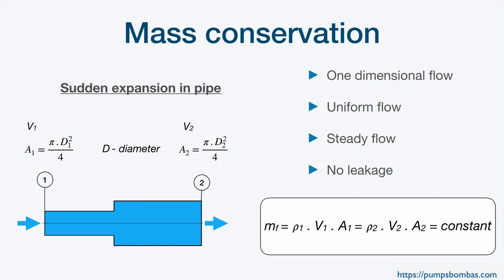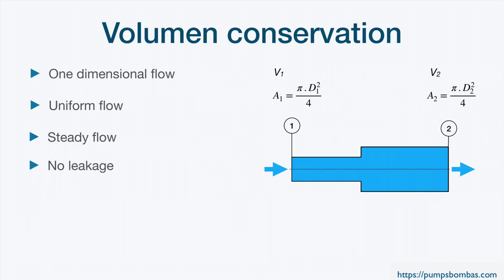But what happens for liquids? We can consider liquids as incompressible fluids, so density at section 1 and density at section 2 will be the same. So, for liquids, we can guarantee the conservation of mass by conserving only the volume.